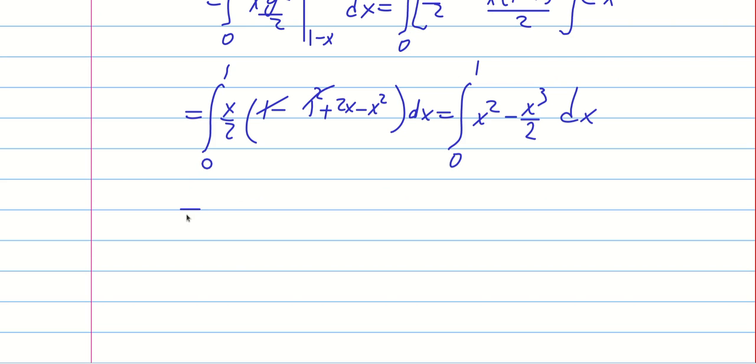So we integrate, so we're going to get x cubed over 3 minus x to the 4 over 8, 4 times 2, evaluated from 0 to 1, so it's 1/3 minus 1/8.